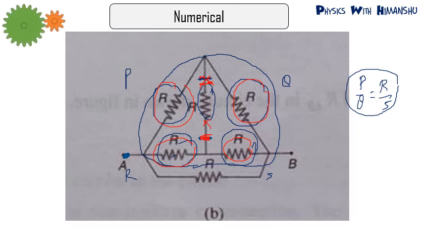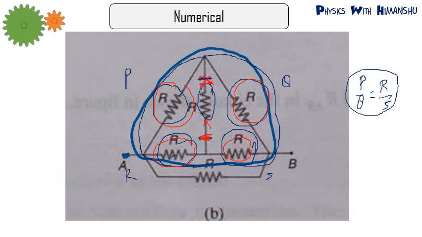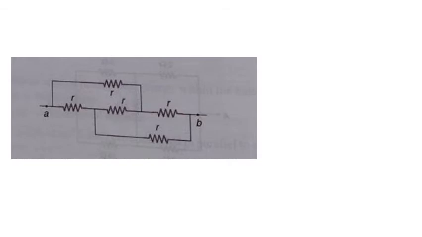So you have to check if it's a Wheatstone bridge, then you can remove the middle branch. Taking one more example, suppose this point is A, so this point will also be A. This point is B, so this point will be B. Suppose this point is C and this point is D. First we arrive at A. From A, a branch is going to C and there is R between A and C. Similarly, from point A, one branch is going to D and there is R between them.